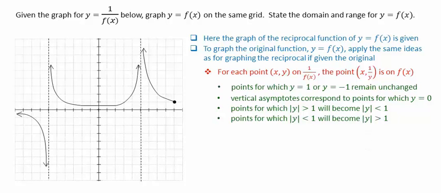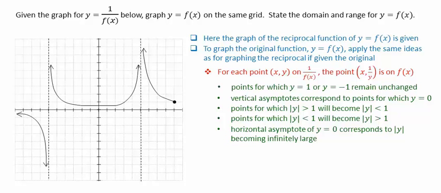Similarly, points for which the absolute value of y is less than 1, again that means between 0 and 1, or between -1 and 0, will become y values that are greater than 1 or less than -1. Note, however, that the sign of the y value will not change when either taking the reciprocal or converting the reciprocal back to the original function.